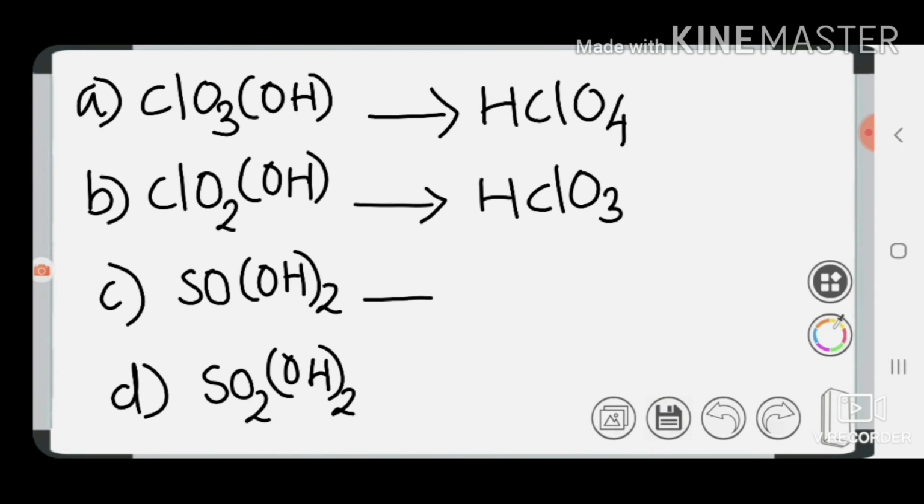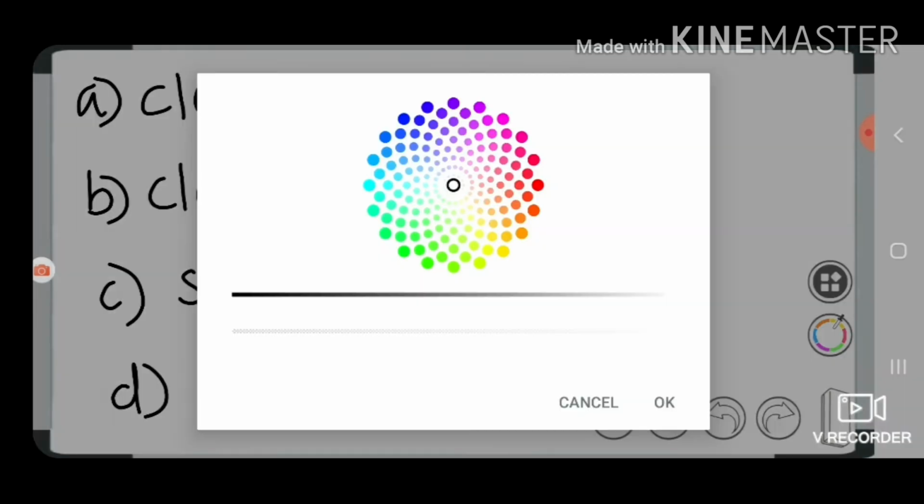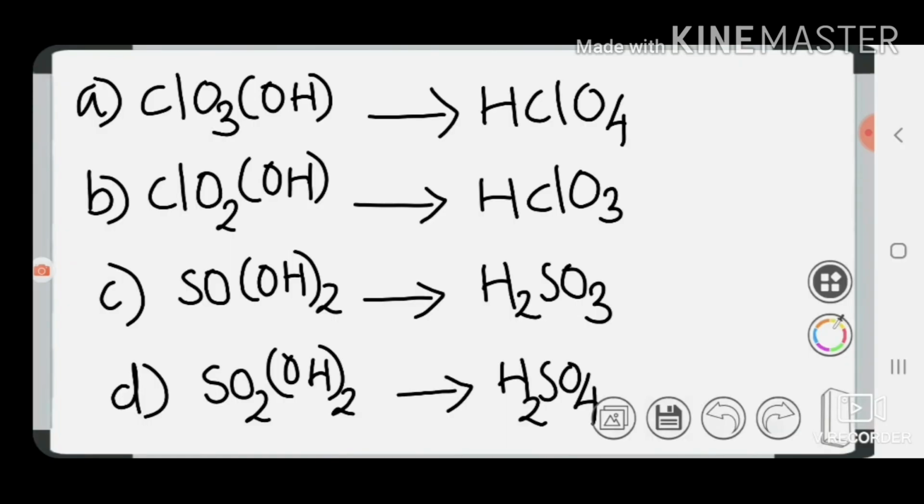The third, SO(OH)2, can be written as H2SO3, and the fourth, SO2(OH)2, can be rewritten as H2SO4. Now all the oxo acids given here are very common: HClO4, HClO3, H2SO3 and H2SO4.